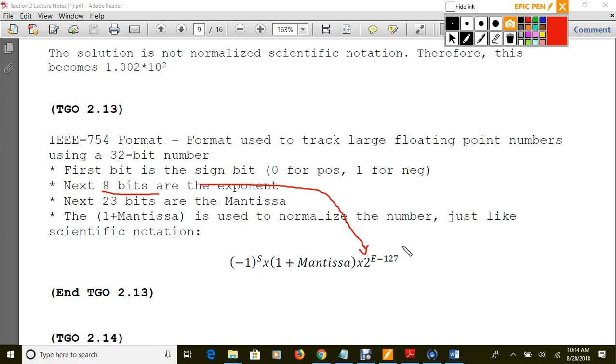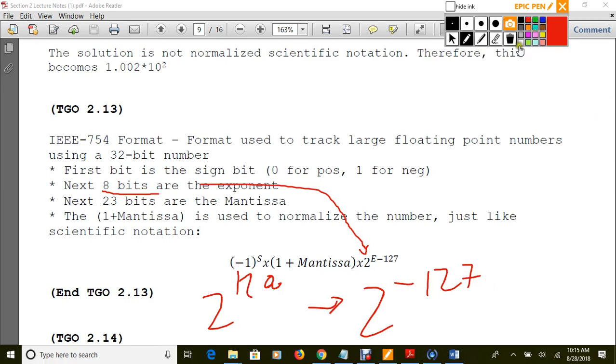And if it's all ones, that means it's 255, right? Which means 255 minus 127 is 128. So it can represent exponents from 2 to the 128 through 2 to the negative 127.